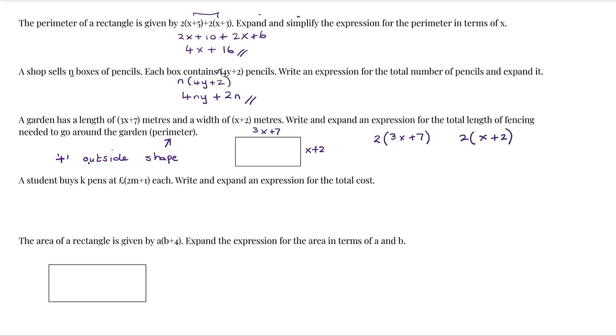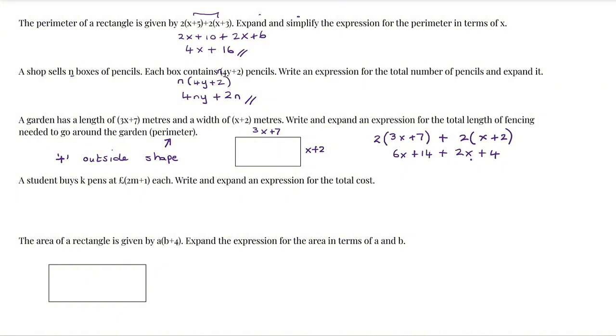And the perimeter, because that's what it's asking us for, is adding. So now I'm going to put an add. So I've broken down everything. So 2 times 3 is 6x. 2 times plus 7 is 14. Plus 2 times x. And 2 times 2 is 4. Now I'm going to collect like terms.